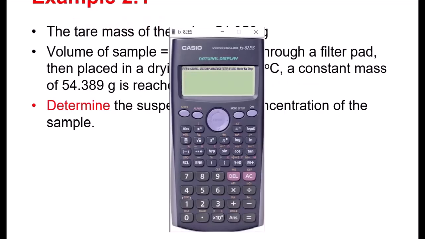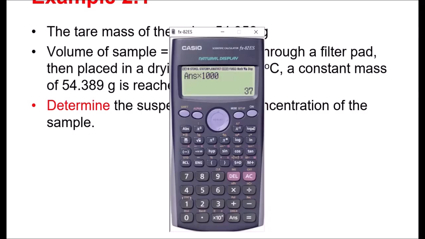Let's calculate the suspended solids concentration. First, we find the weight of the solids by subtracting the tare mass of the filter and container from the final sample mass. That is 54.389 minus 54.352, which gives us 0.037 grams. Converting this to milligrams gives 37 milligrams.